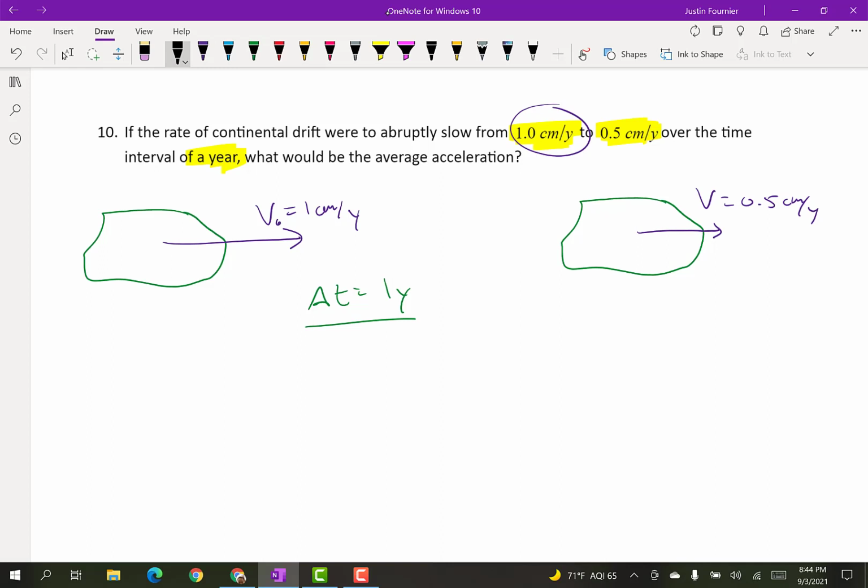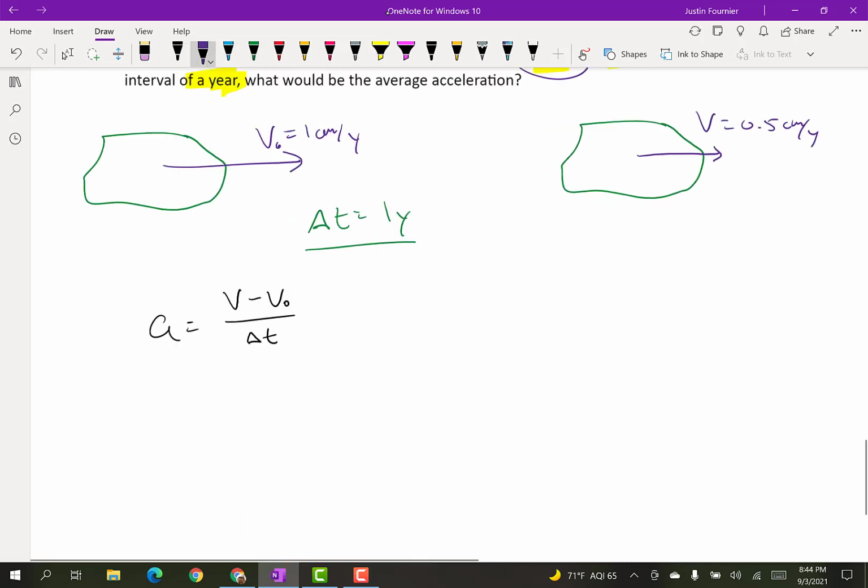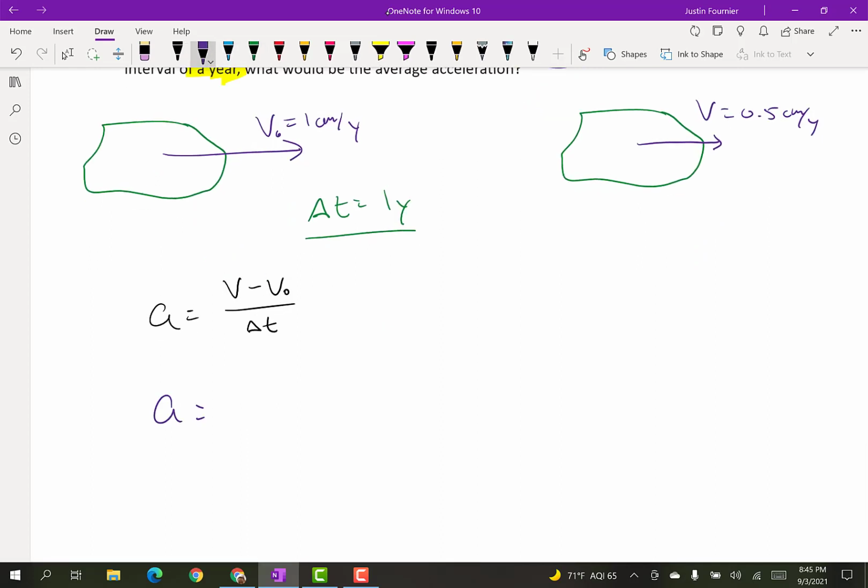And so, again, I'm going to use the definition of acceleration, change in velocity over the change in time. So that tells me then that the acceleration is going to be 0.5 centimeters per year minus 10 centimeters per year, divided by 1 year.